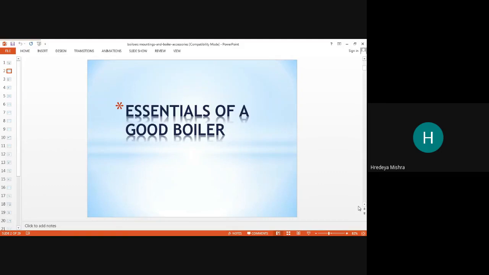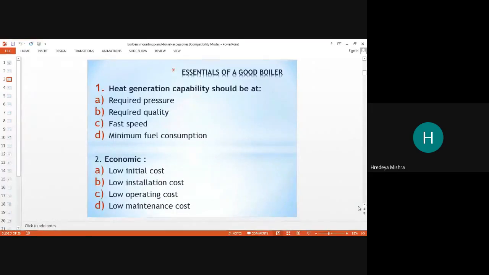Before going to the mountings and accessories, let's discuss in short what the essentials of a good boiler are. First, heat generation capacity. It should provide the required pressure, meaning a good quality of pressure, high pressure.